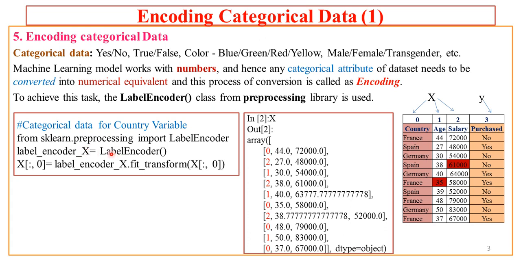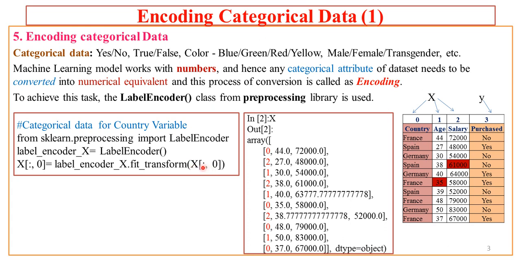Now to apply this conversion, we invoke the fit_transform method of the LabelEncoder class using the label_encoder_x object. To this fit_transform method, we need to pass the feature vector x.